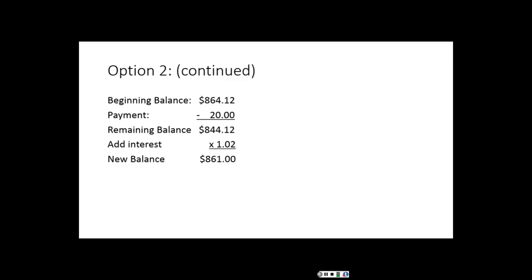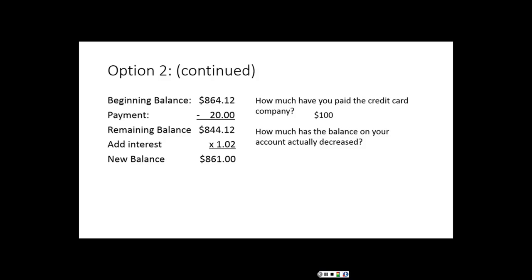So here's the questions we want to consider. How much did I pay the credit card company this time? Well, if you look back at our columns, we paid $20 every month for 5 months. 5 times 20, we paid the credit card company $100. How much did the balance change?